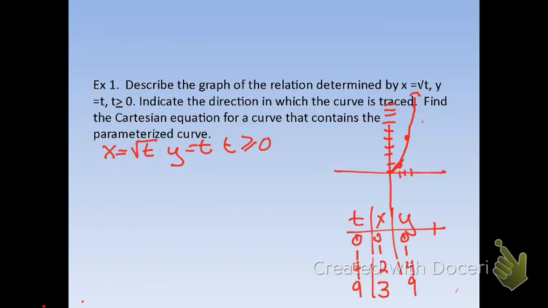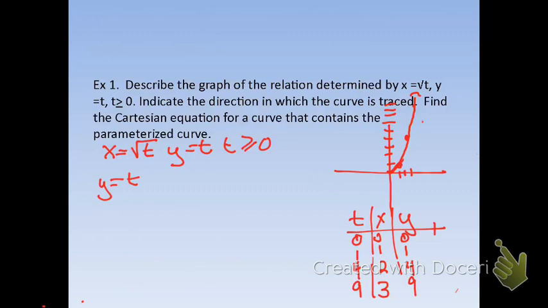And then we want to find the Cartesian equation for the graph that contains this curve. So we want to start with y equals t, because we know our equation is going to be y equals something, and then we want to work with the x.